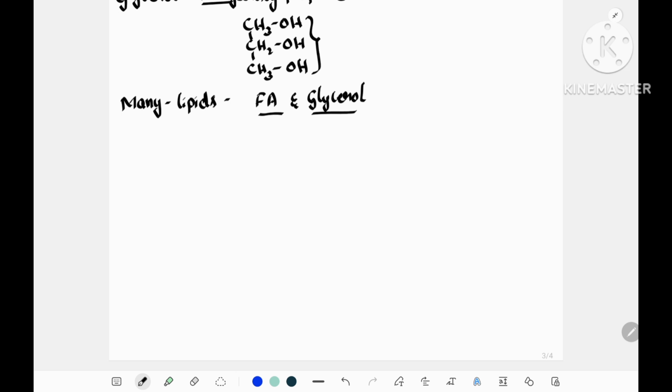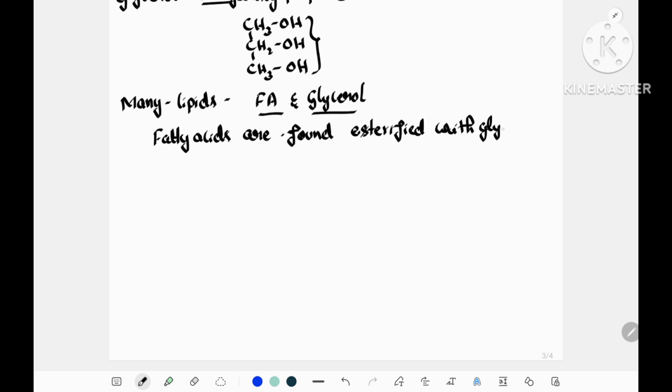Your NCERT text gives one statement, that the fatty acids are always found esterified with glycerol, which means the fatty acid is linked with glycerol through an ester bond. That is the meaning of esterified.